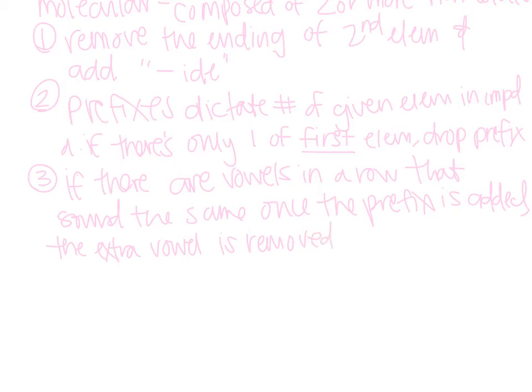An example of this: if there are vowels in a row that sound the same once the prefix is added, the extra vowel is removed. So let's say we had one oxygen. Using the rules, it would be monooxide.